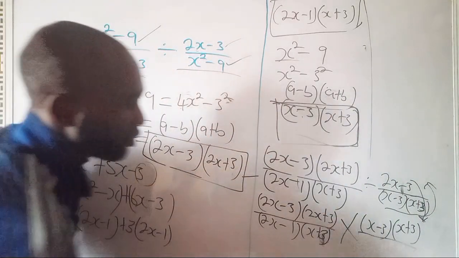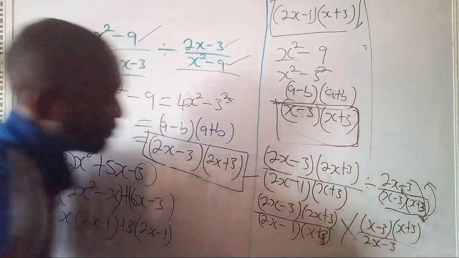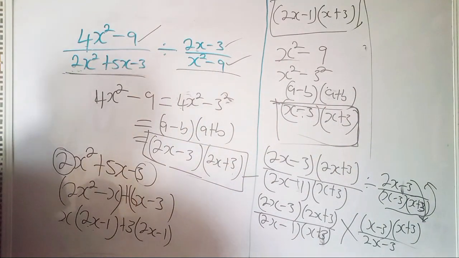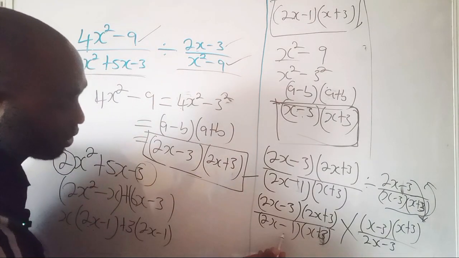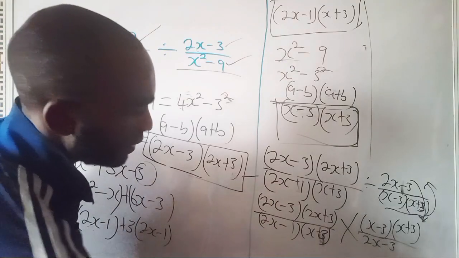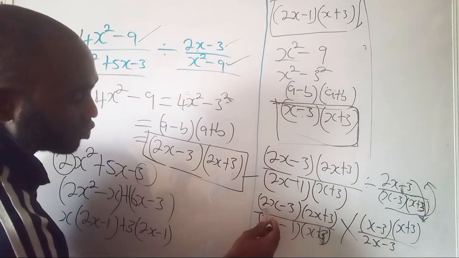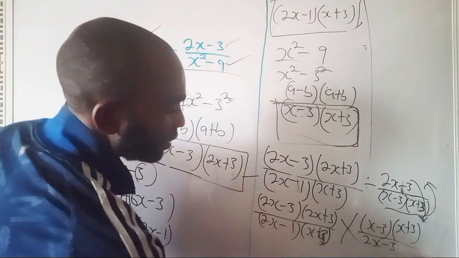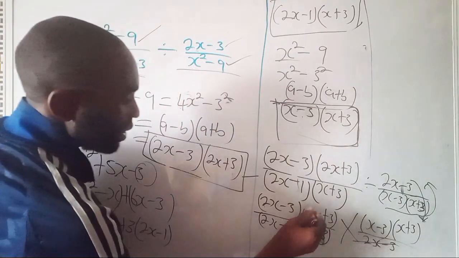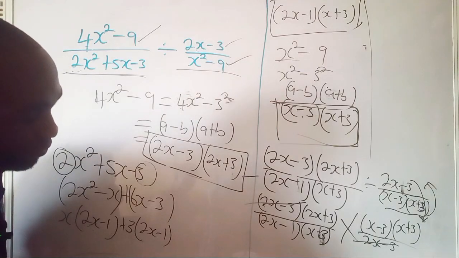So we have 2x minus what? 3. So if you look at it critically, you will see that there is a common factor down and up. And what is common here? Let's check this. This and this is common, right? 2x minus 3 and 2x minus 3, which means this is going to cancel out, right? Let's check another factor that is common.